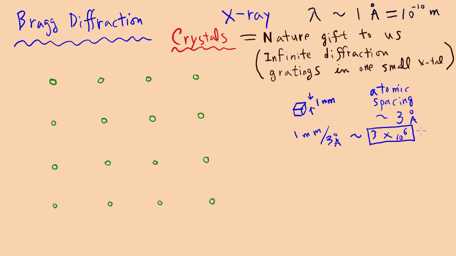So this is on the order of N. Remember in the diffraction grating physics we talked about the number of rulings or number of slits, N. If you just hold a small crystal in your hand, 1 millimeter, you have 3 million rulings made for you by nature.